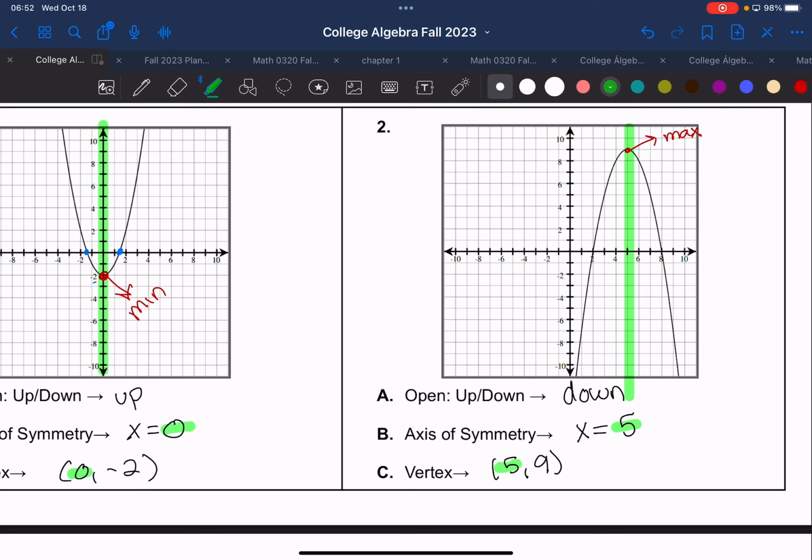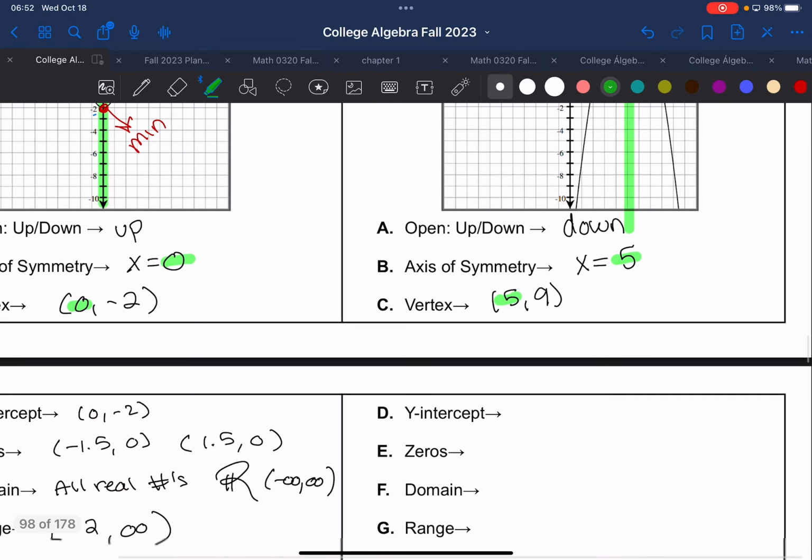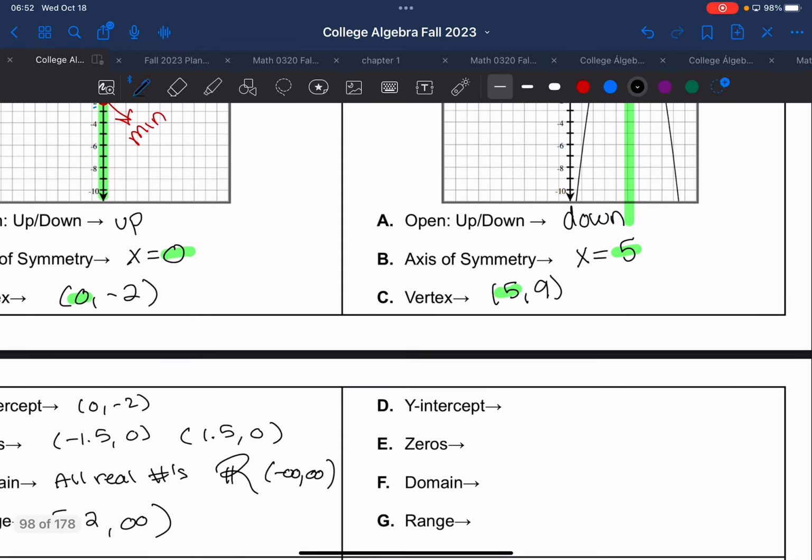Good, we can estimate negative 12. So I'm going to write the graph is limited, right, because we can't see it. So possible is going to be 0, negative 12.